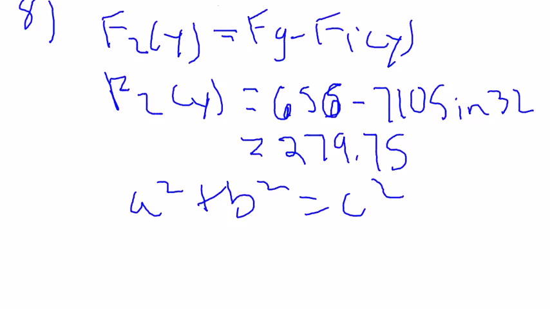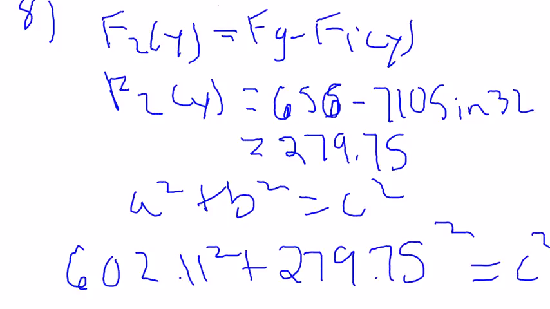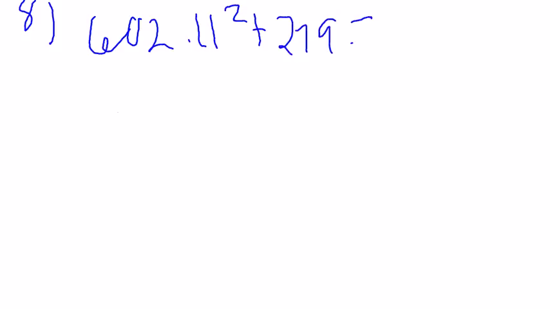Now all we do is the easy step, which is a squared plus b squared equals c squared. So for our other side, we have 602.11 squared plus 279.75 squared is our c squared. Let me rewrite this so you guys can get a better reading: 602.11 squared plus 279.75 squared equals c squared.